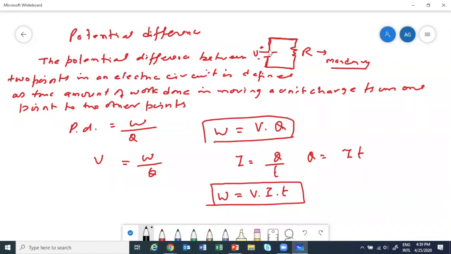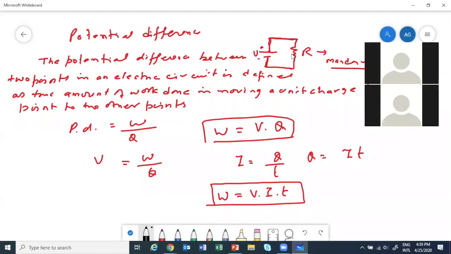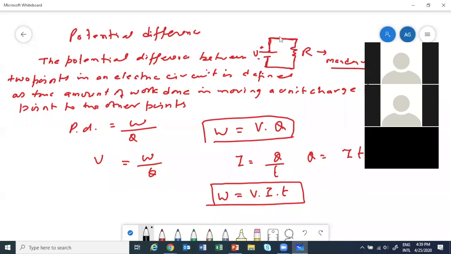The electrons flow this way, as we learned in the previous classes, and the current passes the other way. The charges pass through this resistance and then work is done.